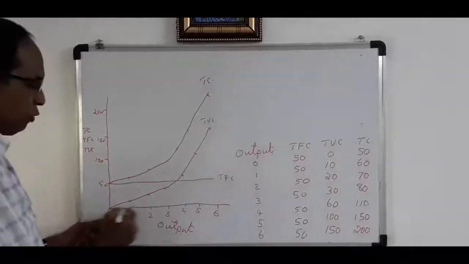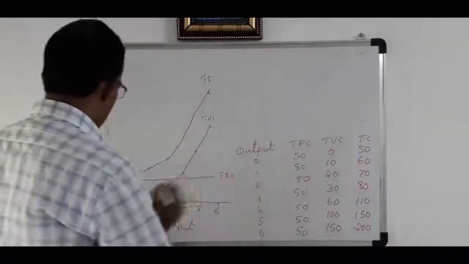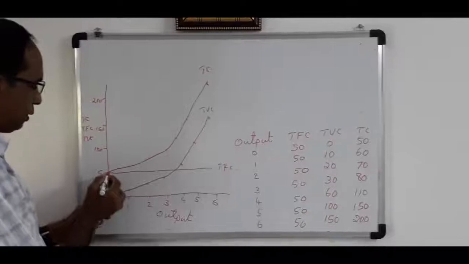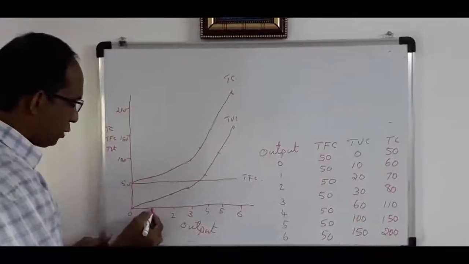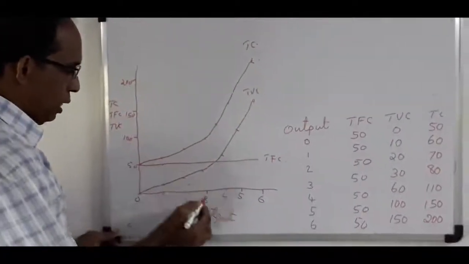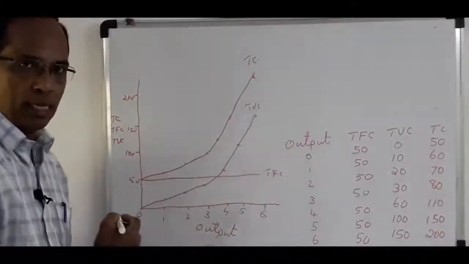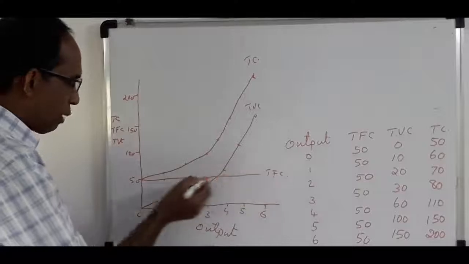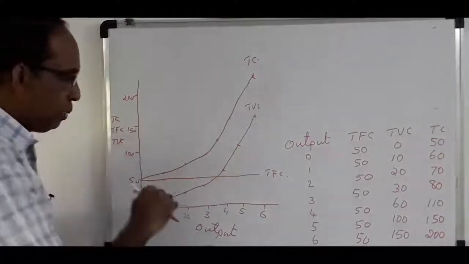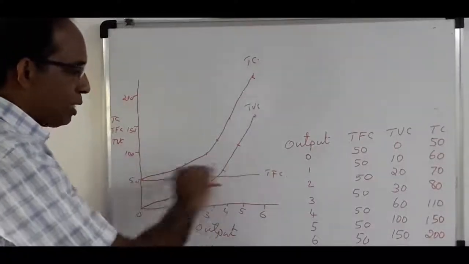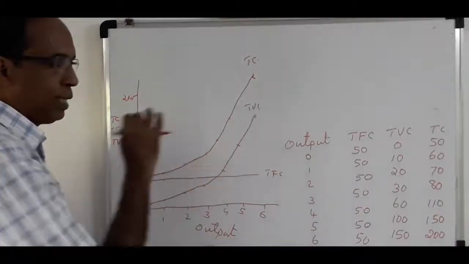First we are drawing the TFC curve. When output is 0, TFC is 50. When output is 1, TFC is 50. At all levels of output, TFC remains constant. So this is the curve representing TFC. TFC is a horizontal straight line parallel to the x-axis.